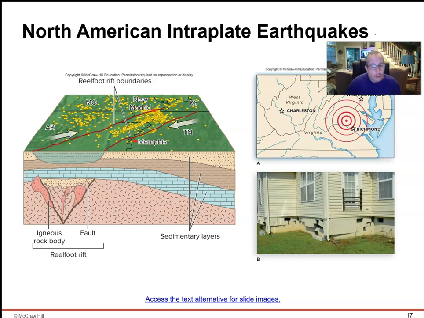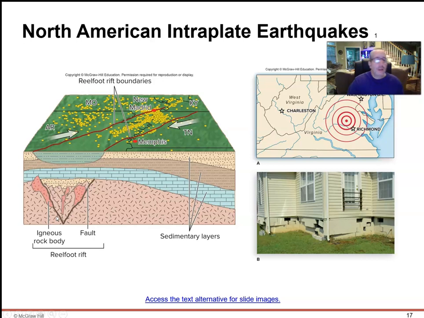And if you did your assignments in your previous lesson, you know that Kentucky is nowhere near a plate boundary. So what's going on here? From everything that I've studied, we have these very deep fault lines under the center of the North American plate.